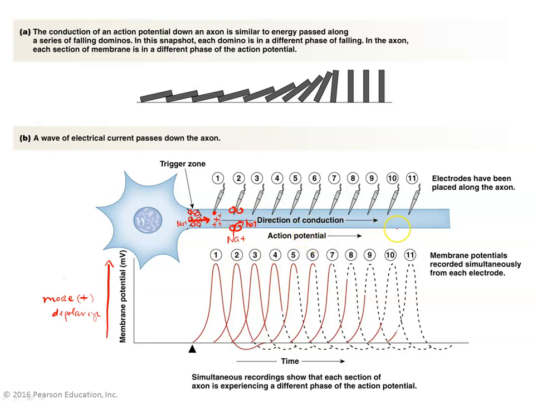Now, when you get to number 11, this dotted line, we haven't had depolarization yet. This is the potential of what can occur. We haven't gotten there yet because I don't have enough positive charge to open all of the sodium voltage gated channels in this node, right? And this node is the node of Ranvier.